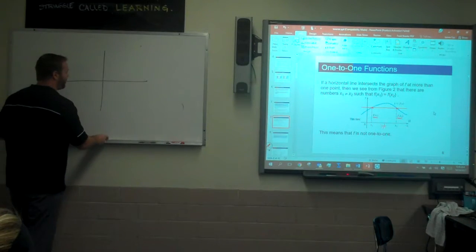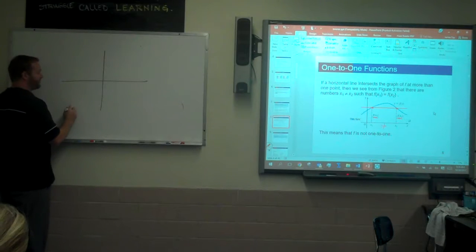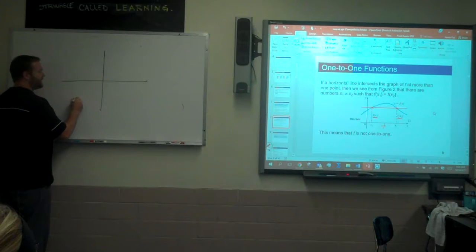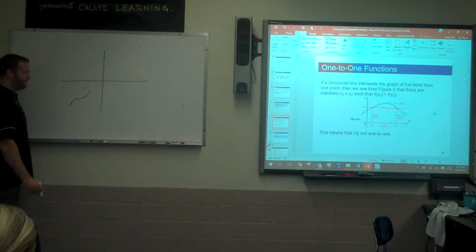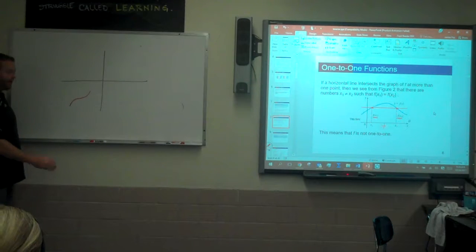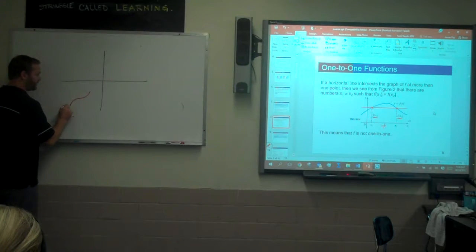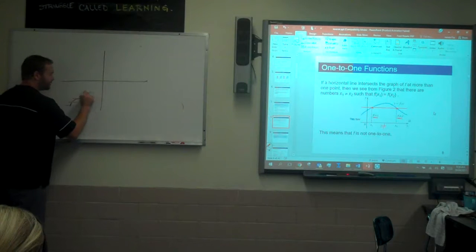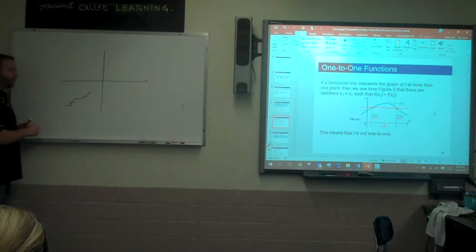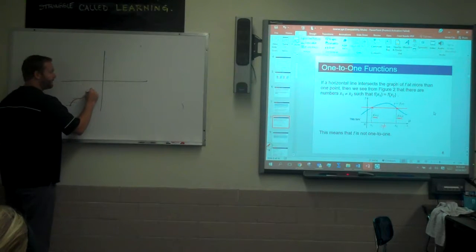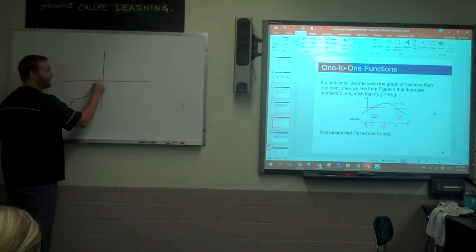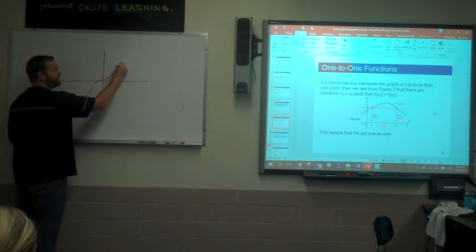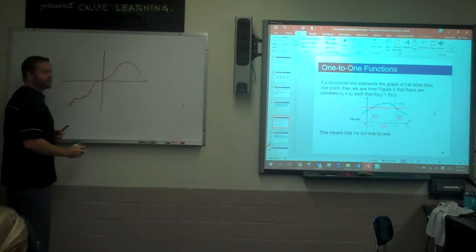And if you think about it, if I start drawing a function, I don't even care what that function looks like, but as long as I keep increasing, that function right now is 1 to 1, right? Every horizontal line that I ever create is going to only intersect that one time, right? What has to happen for me to fail the horizontal line test is that curve eventually needs to bend back down on itself, right?